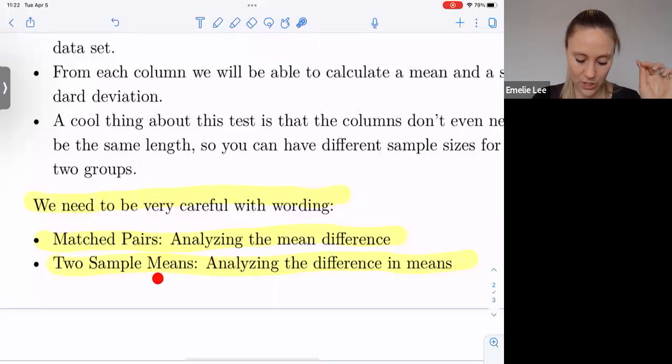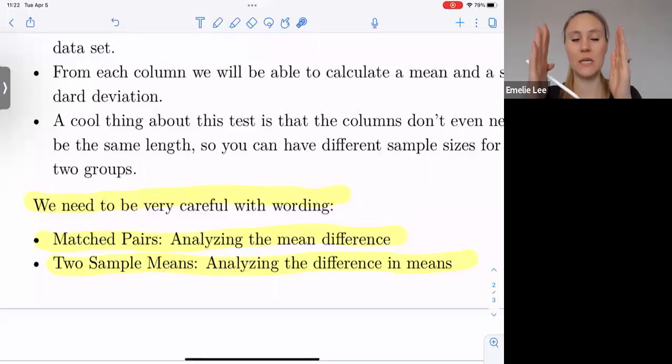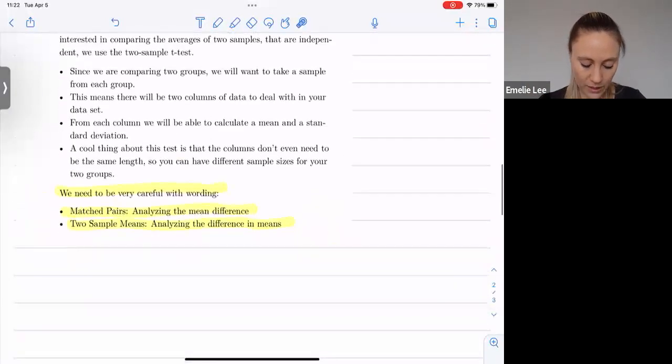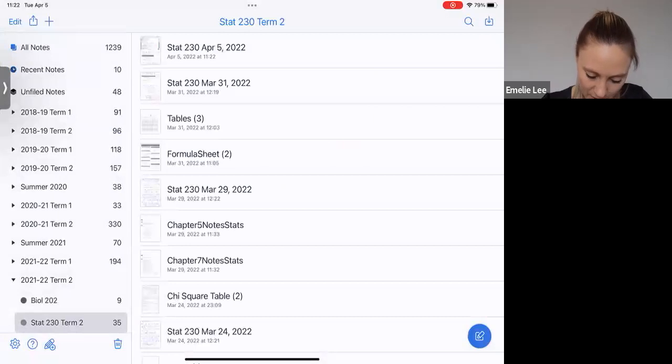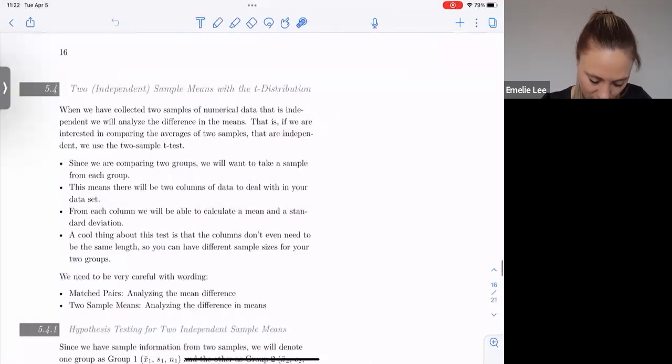Whereas here, we're talking about two sample means, and we're analyzing the difference in the means, which means you have mean one and mean two, and you take the difference of those two. It's really important that you stay on top of that wording, because they mean completely different things. All right, good. So let's see here, where was it?